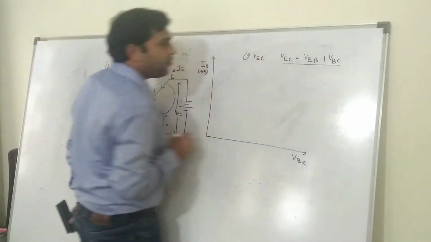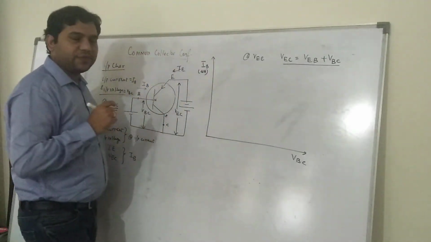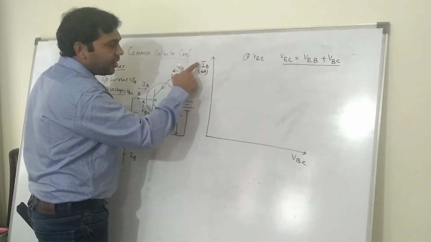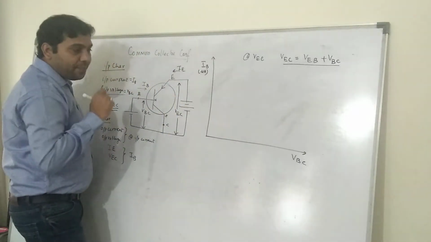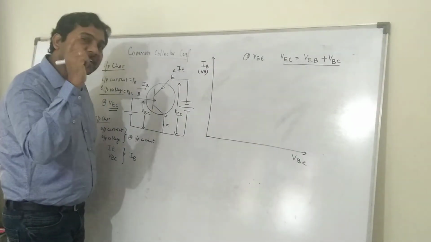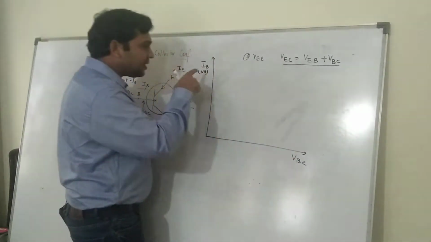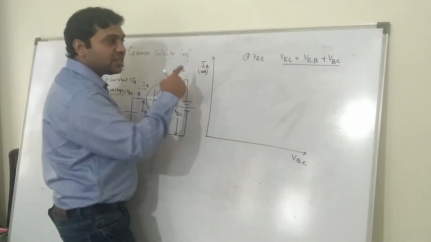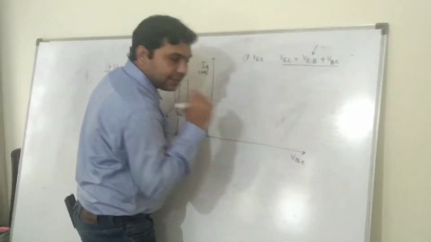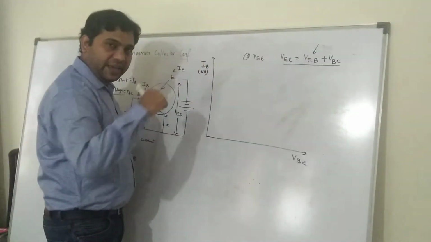This equation will be very helpful to draw the input characteristics of the common collector configuration, because here we are taking input current IB, but the voltage is VBC in the base and the collector, which is a reverse bias voltage. So instead of this, we will understand how IB will change with respect to VEB, and we will plot like this.